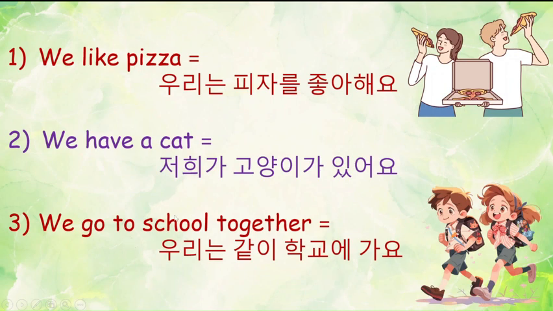Here also we is being used, so we are going to use either the topic or the subject marker. I have used the topic marker over here, so we is translated as 우리는, and 같이 means together. And 에 is used as a Korean location or time particle. So 우리는 같이 학교에 가요.